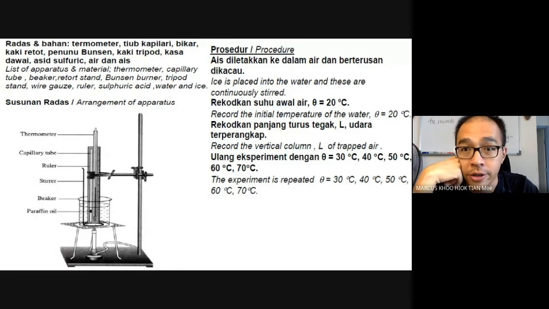So what happens is, of course, when you heat up the water, the temperature of the water is going to increase. And since we already said that the volume is going to increase with the temperature, this paraffin oil is going to move upwards.